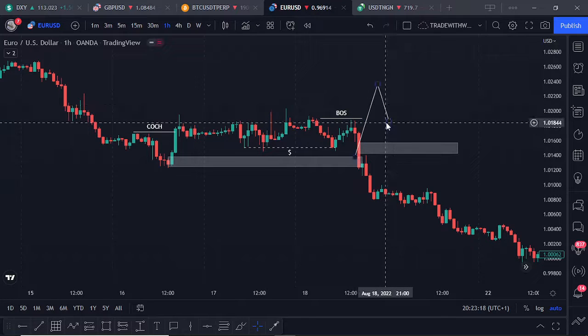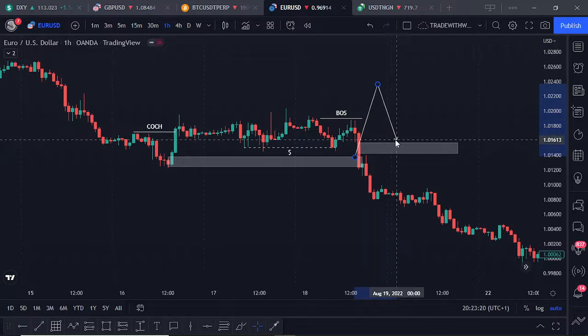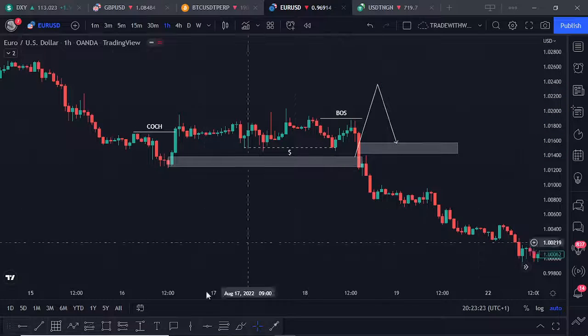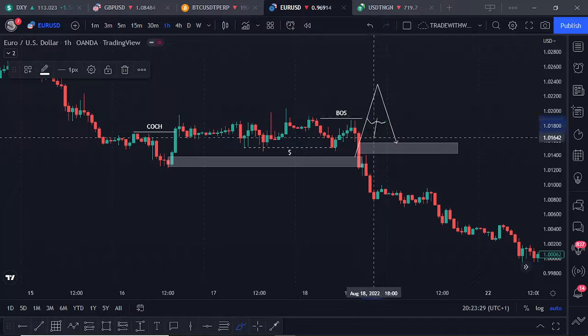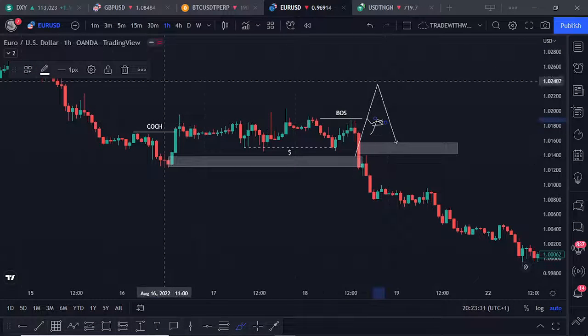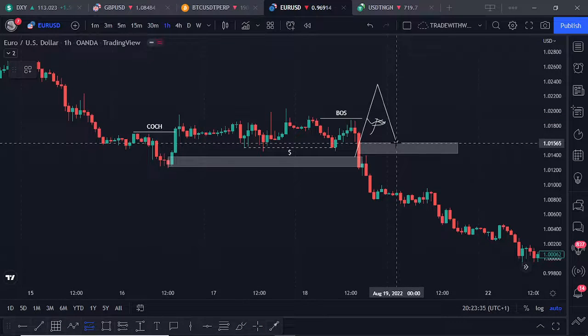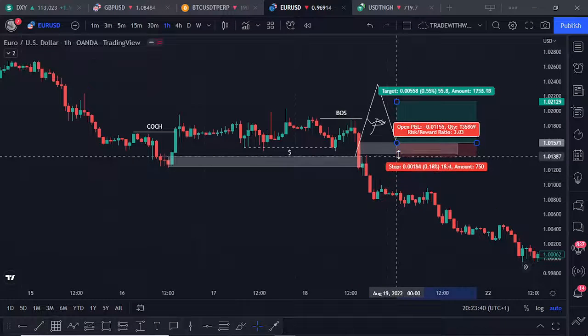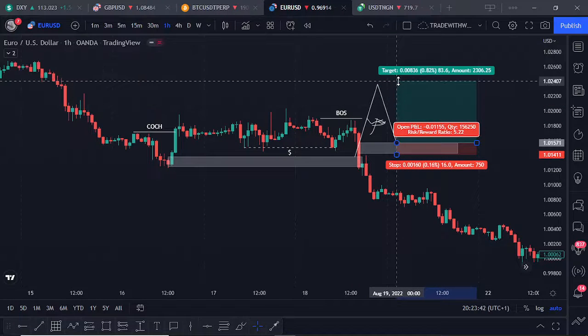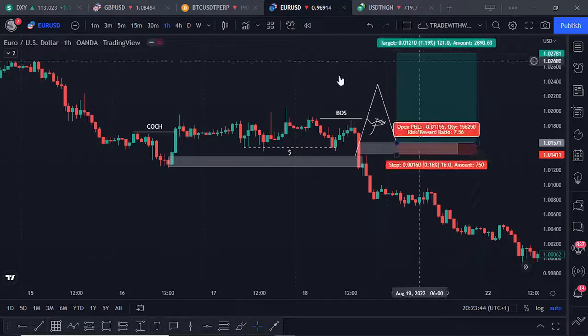Then you can now wait for your entry here. This will be the ideal way to enter after seeing all your requirements like the liquidity inside here, Fibonacci and the likes. Okay, and then this will be your ideal zone for entry over here. You understand? So that will be the ideal zone for entry.